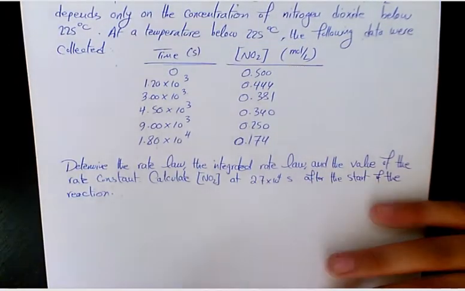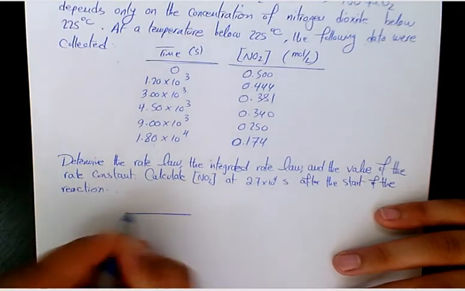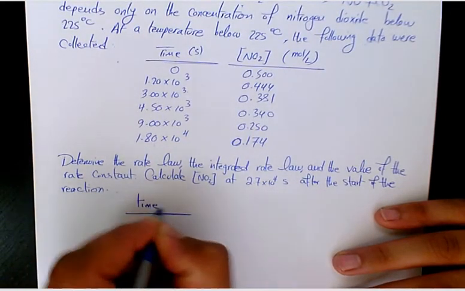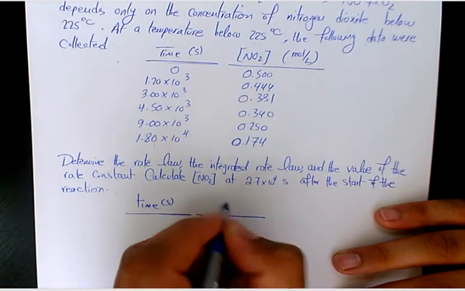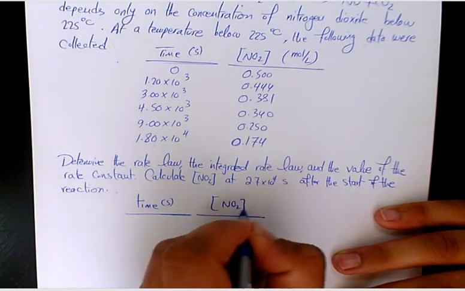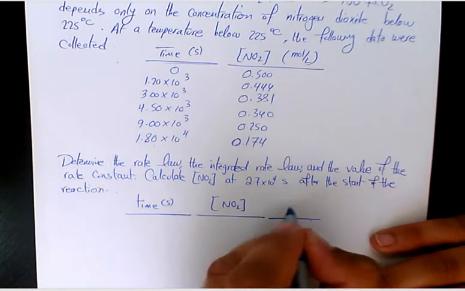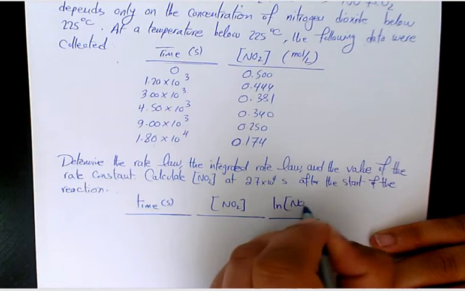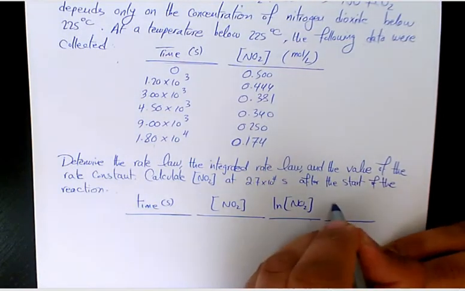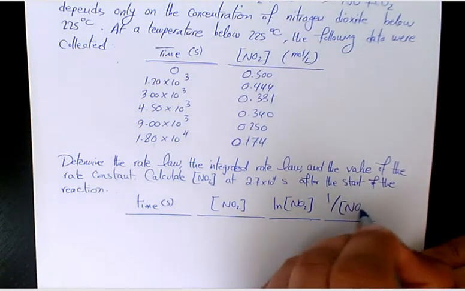So what I need to do here is have time in terms of seconds, concentration of NO2 in terms of mole per liter, ln NO2, and here 1 over concentration of NO2.